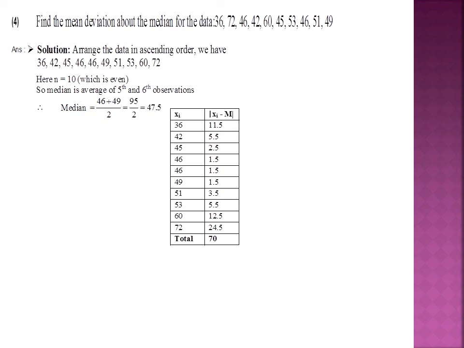And the last, 72 minus 47.5, is 24.5. Give me the addition, that would be 70.